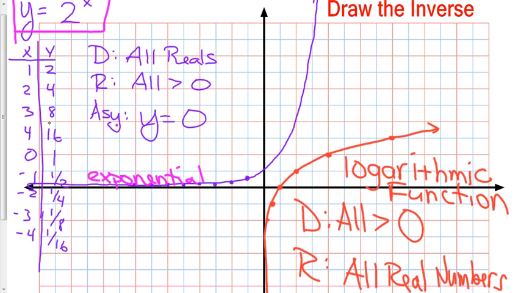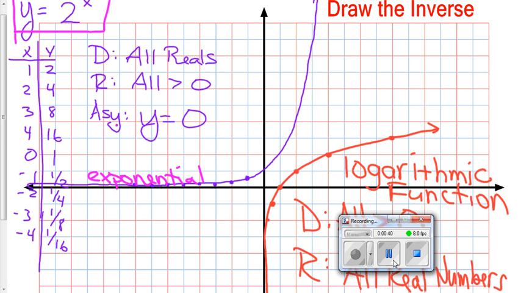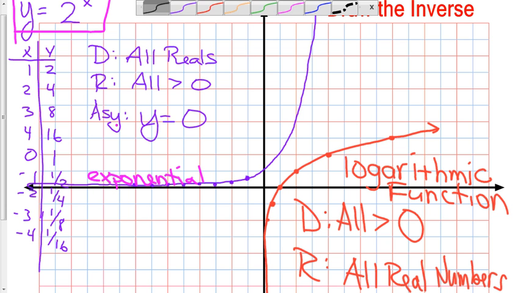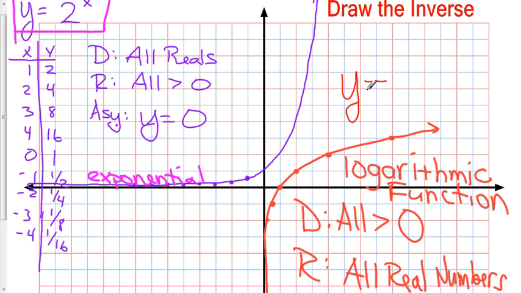When you write a logarithmic function, like with all functions, you have to write it in a proper form. The form of a logarithmic function would be y equals log, we don't have to write the whole word logarithm, with a little 2 down here, and then an x.